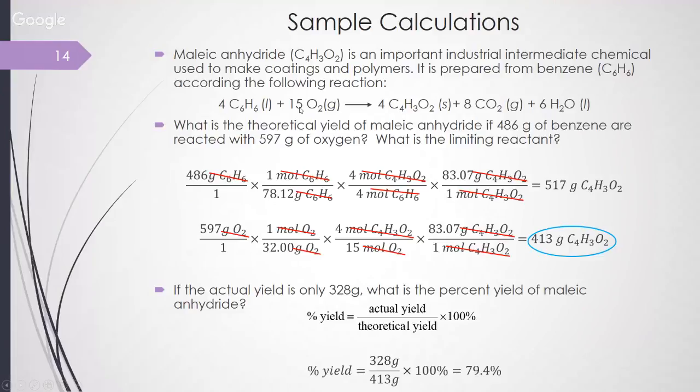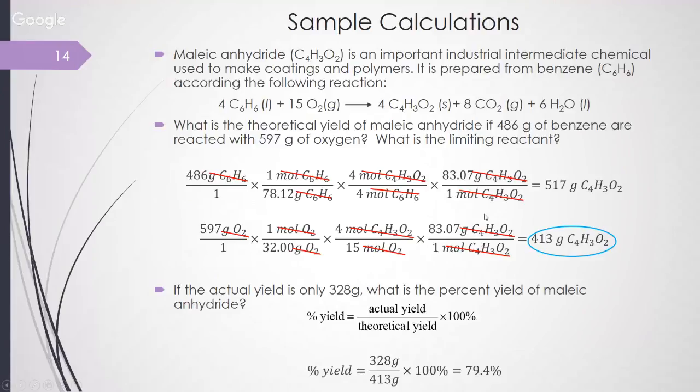This says I need 15 moles of oxygen if I want to produce 4 moles of maleic anhydride. So this is where I include those coefficients to cancel. And then in the last step, I simply once again multiply by the molar mass of maleic anhydride. Seeing that grams of oxygen cancel, moles of oxygen cancel, and moles of maleic anhydride cancel.